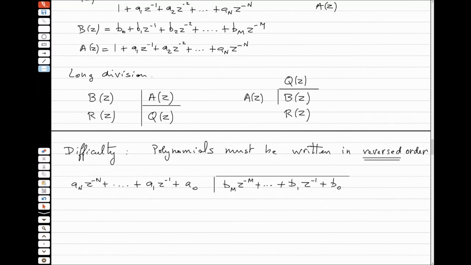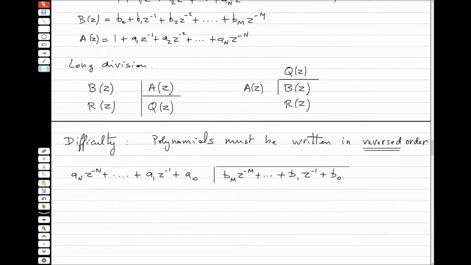The z^-n, you have to put the most negative degrees first. And then the quotient and the remainder are going to be obtained in this way. So in the quotient here, somebody tell me what power I'm going to have here.